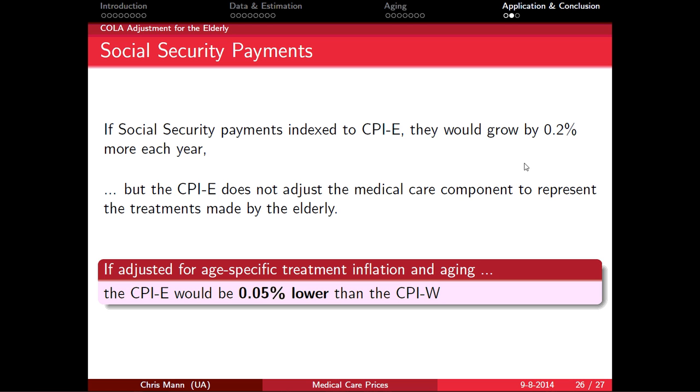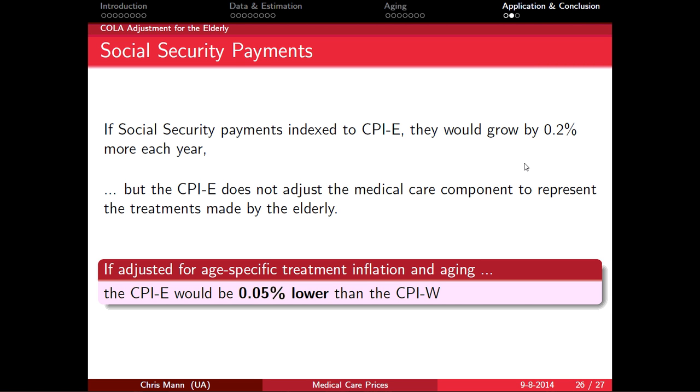So, what would happen if we actually adjusted and compared the CPI for elderly with the CPI for workers using my different cost adjustments for medical care inflation, including that aging bias? Though, of course, we wouldn't even have to include the aging bias to still get this outcome.